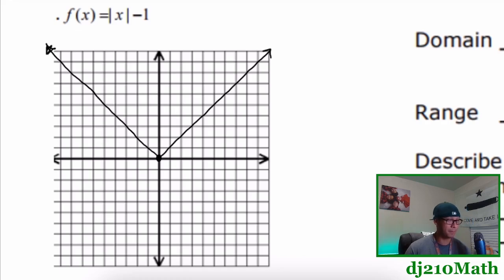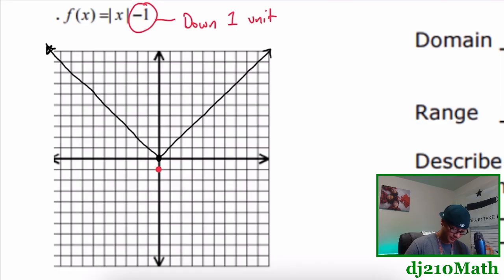That's the parent function. The transformation they're giving us moves the parent function down 1 unit. Okay, there it is. It just shifted down 1.